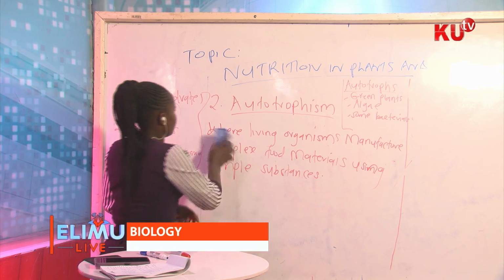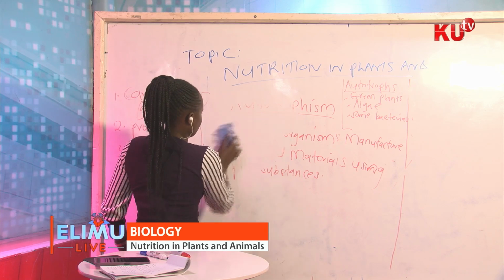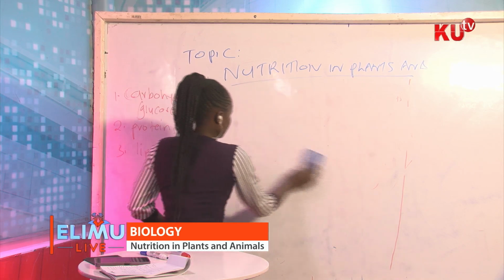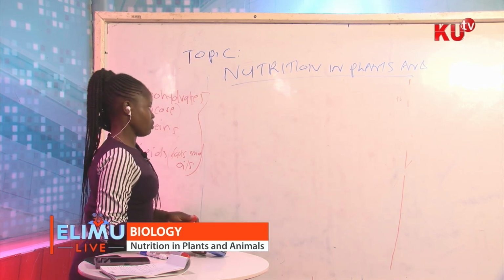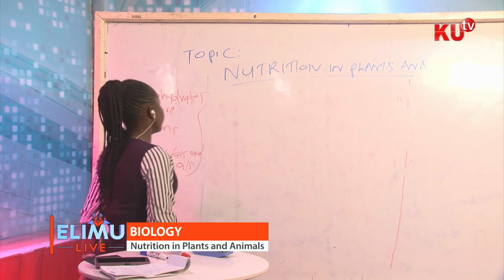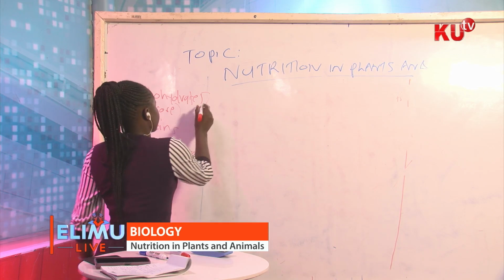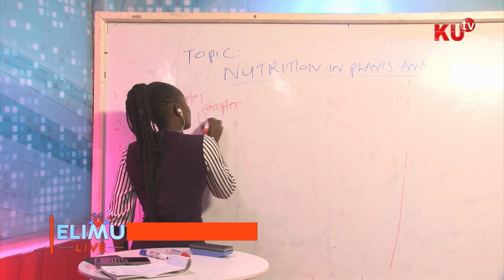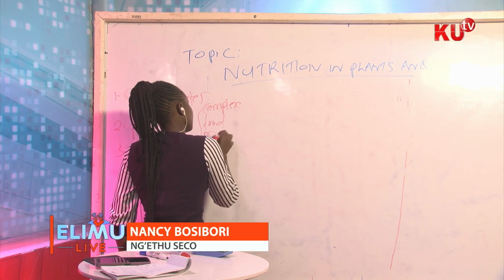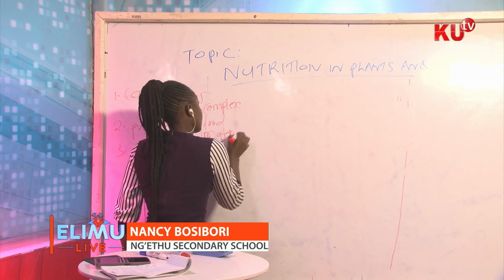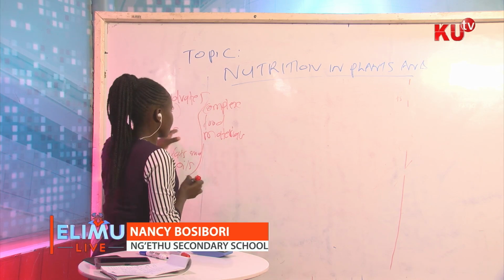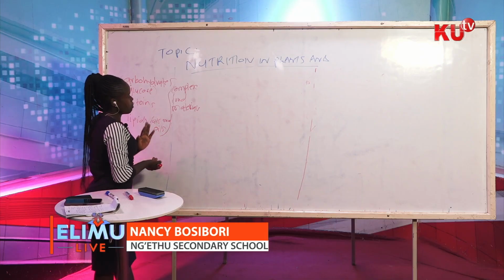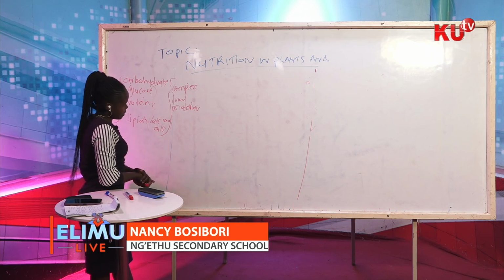If I may, let me use this side. As I have said, these complex food materials that the living organisms manufacture are the end products of the process of photosynthesis.